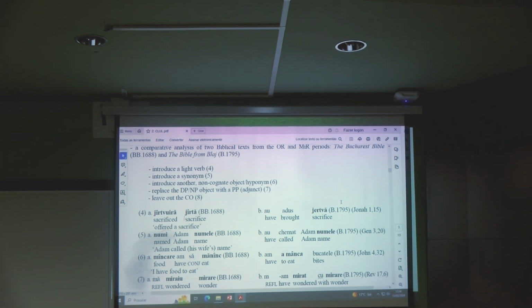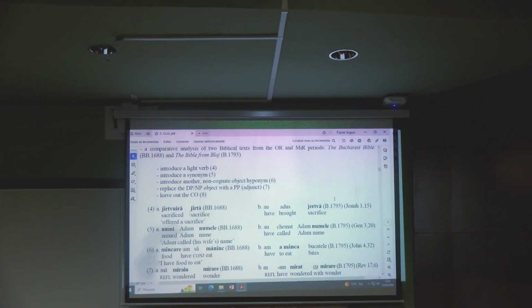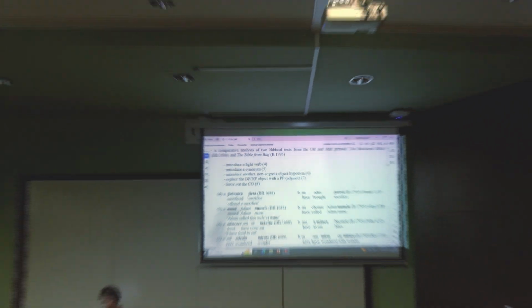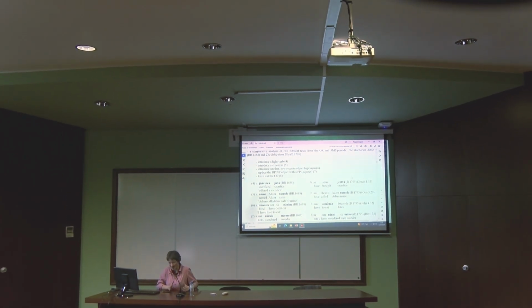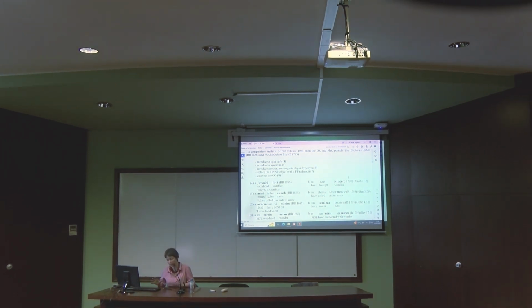And I did have help from my colleagues from the Faculty of Orthodox Theology. They did provide me with the original texts, and it seems that even when we take into consideration the starting points of these Romanian translations, it is still true that, roughly speaking, there is a linguistic difference between the two texts.